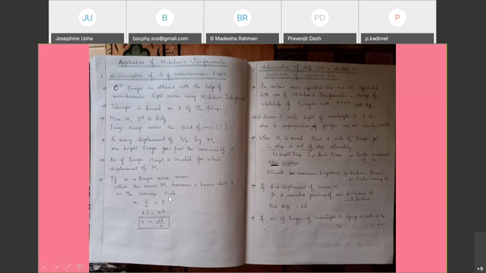So 2l equals m lambda, or lambda equals 2l by m. From this relation, I can find the wavelength of the monochromatic light source.